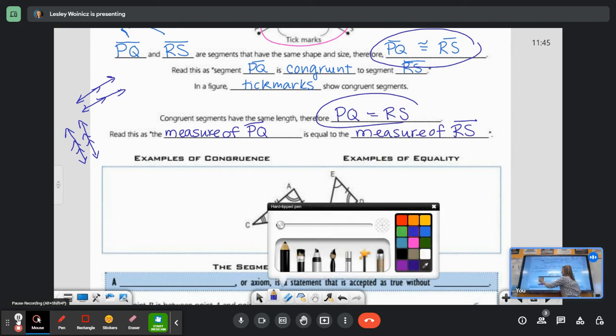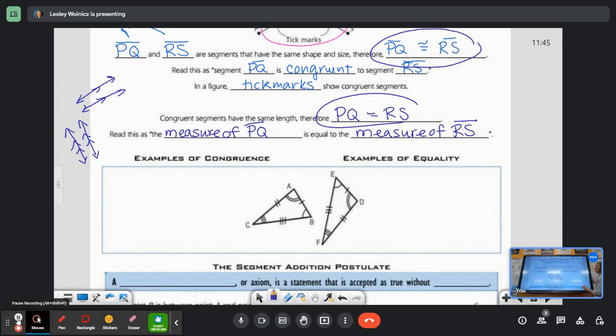If we're making a list of stuff that's congruent, we can say that segment AC is congruent to segment DF because it also has two ticks. Would you please write the other two congruent statements for the other two sides?